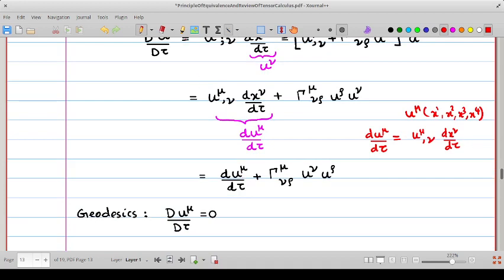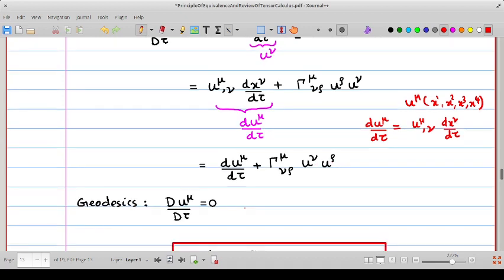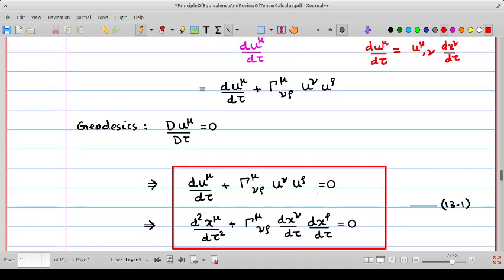So the intrinsic derivative of u^μ with respect to τ is du^μ/dτ plus Γ^μ_{νρ} u^ν u^ρ. But for geodesics, this should be equal to 0. So the geodesics are given by this equation: du^μ/dτ plus Γ^μ_{νρ} u^ν u^ρ equal to 0.